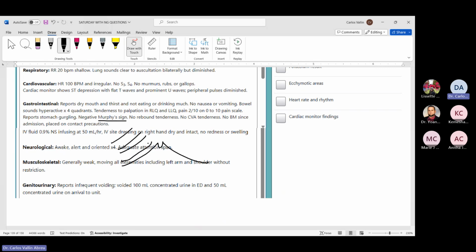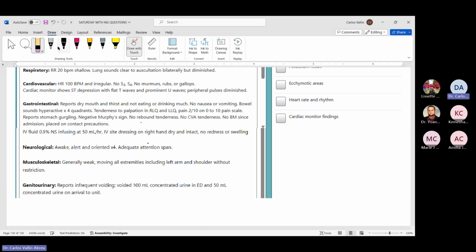So when you put your hand on the abdomen of a client, just under the last rib, the costal border, and you ask the client to breathe in, the liver that is behind this will descend with the gallbladder. And if the gallbladder is inflamed, it will touch your hand, and then the client will experience pain and will stop the inspiration. This is the Murphy sign, but it's negative. So the gallbladder is okay.